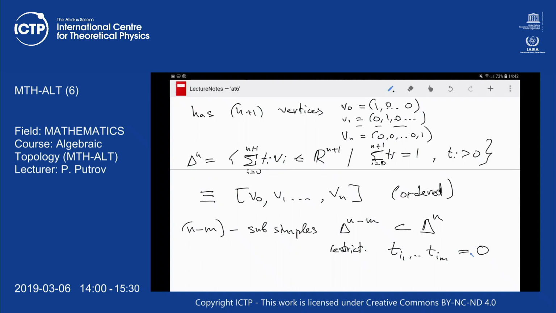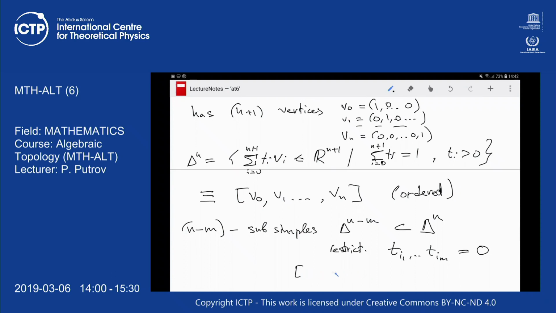And then, up to relabeling of the coordinates, if we do this restriction, we exactly get the definition of an n minus 1 dimensional simplex.